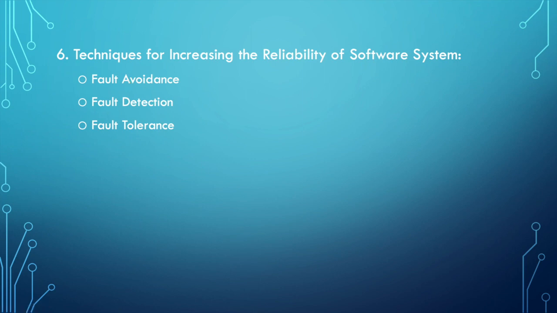Fault avoidance is a technique where we design the software so that we are able to build the software for any possible case of having a fault.